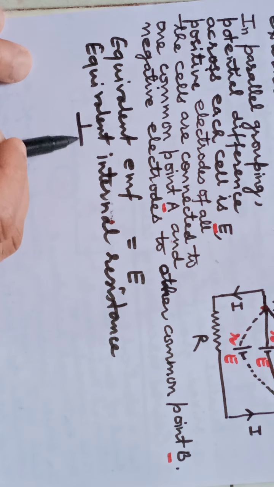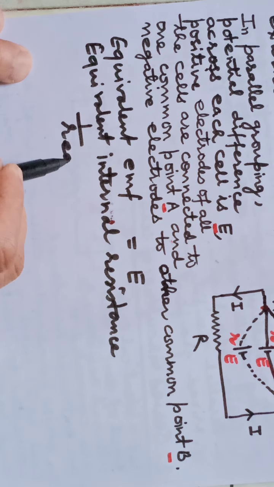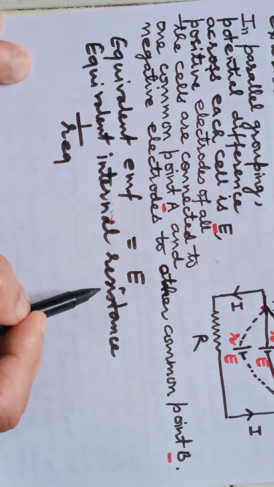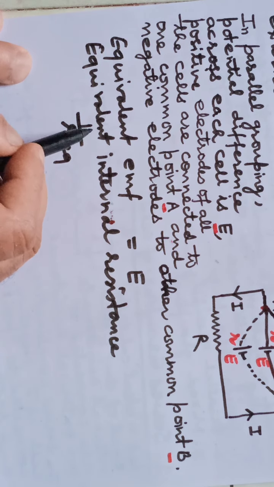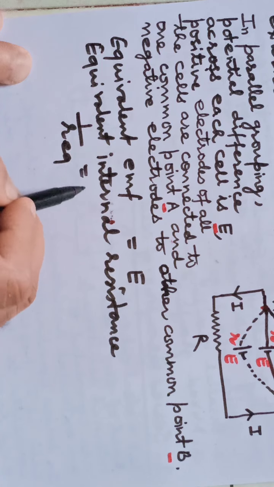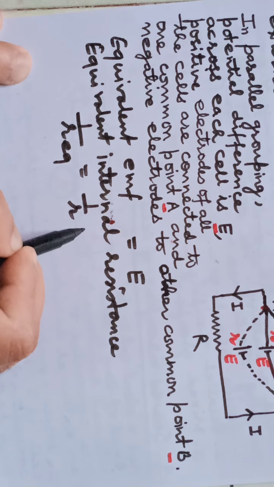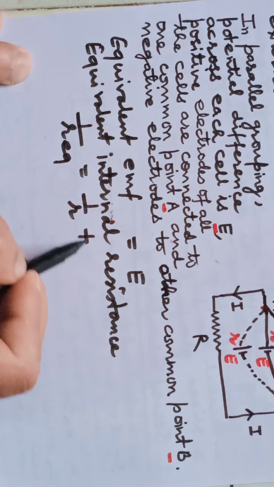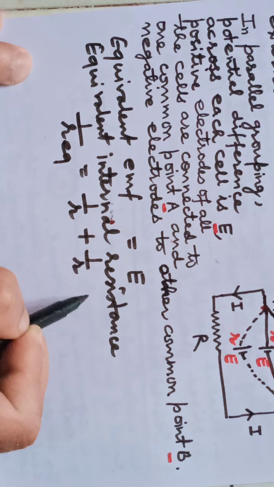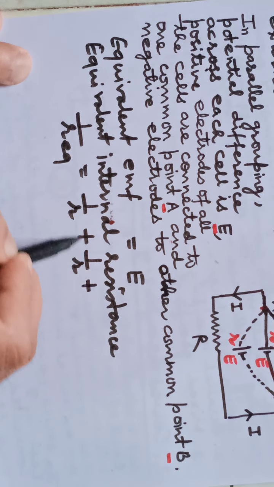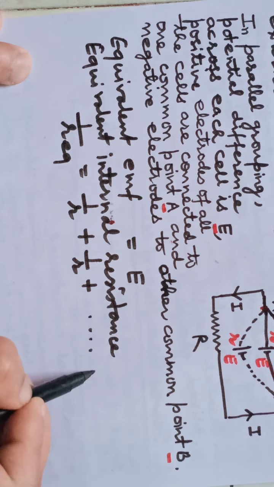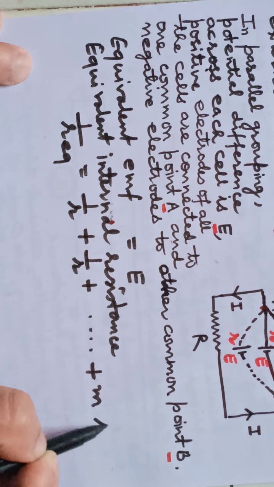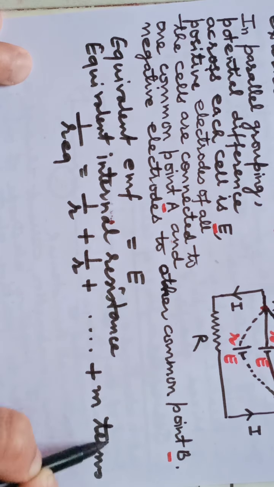Therefore we will apply the rule of parallel combination, that is, the reciprocal of the equivalent resistance is 1 upon r, the sum of the reciprocals of the individual internal resistances of the individual cells up to m terms, because there are m rows.